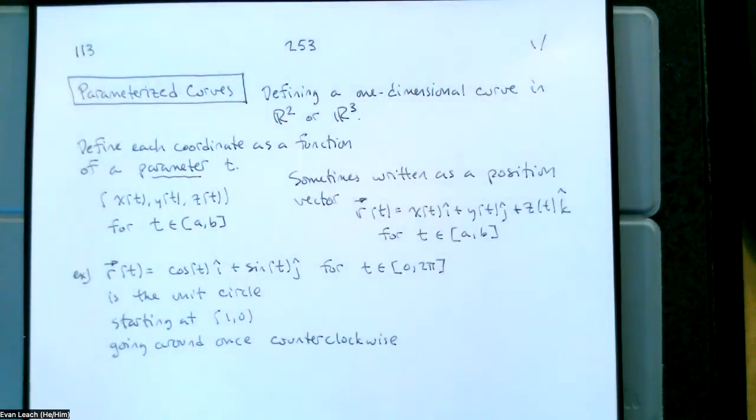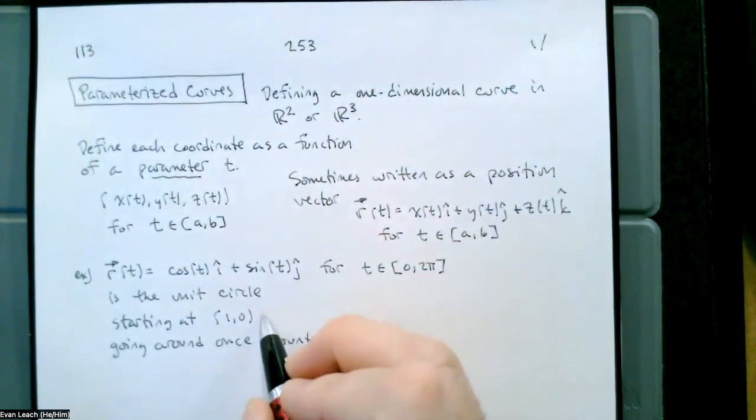The starting at (1, 0) is because our values of t go from 0 to 2 pi. So the starting point is when t is equal to 0.